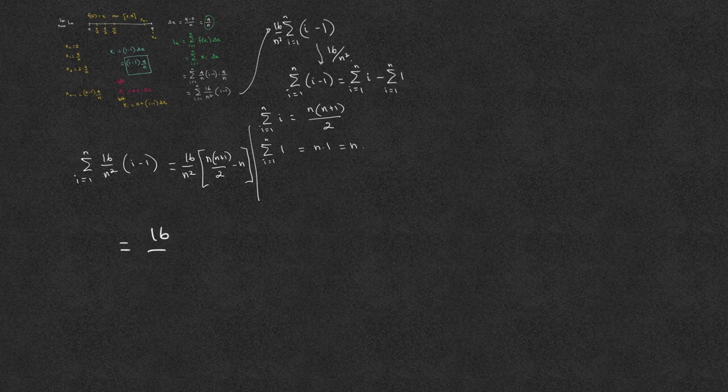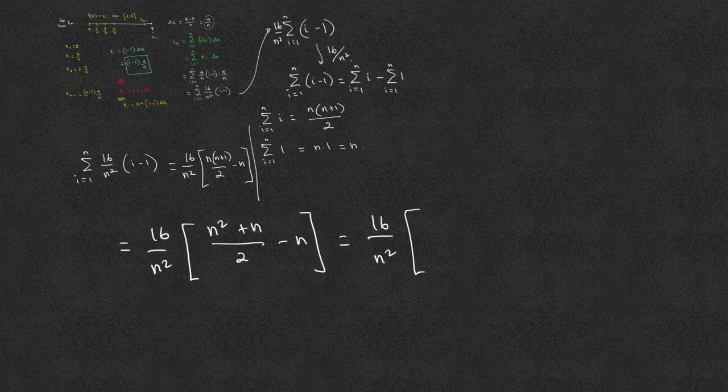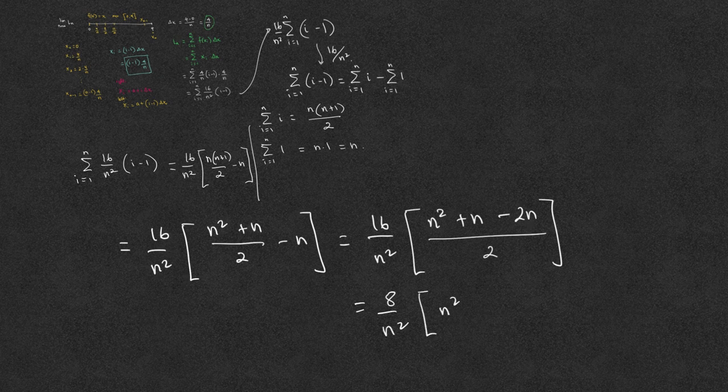This is 16 over n squared times n squared plus n over 2 minus n. The common denominator inside the bracket is 2, so we have n squared plus n minus 2n over 2. This is now 8 over n squared times n squared minus n.